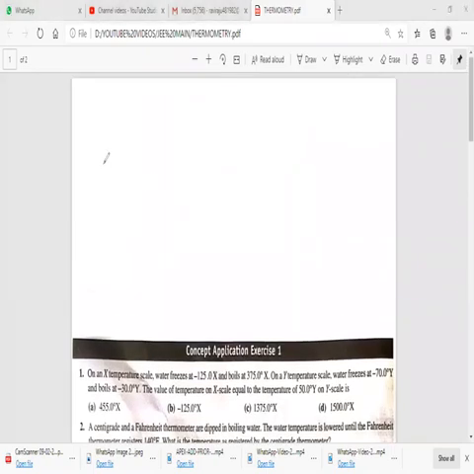The comparison between the Celsius scale and Fahrenheit is C minus lower fixed point 0, upper fixed point on the Celsius scale is 100, 100 minus 0, equal to, in terms of Fahrenheit, F minus 32 by 212 minus 32. Now it will be C by 100 equal to, the F value was already given, 140. For that value, you have to find the equivalent temperature on the centigrade scale.